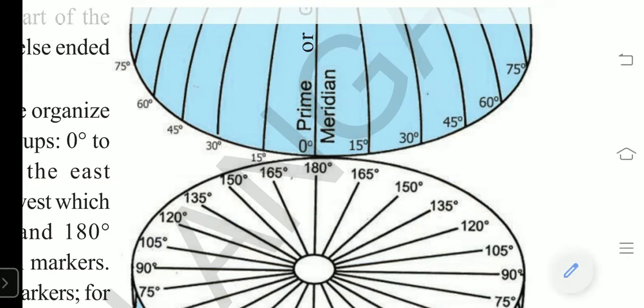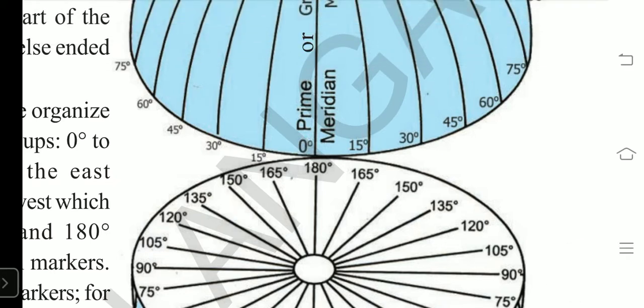Right? Earth rotates from west to east. When it rotates from west to east, we see that the sun's position will change from one longitude to another longitude.